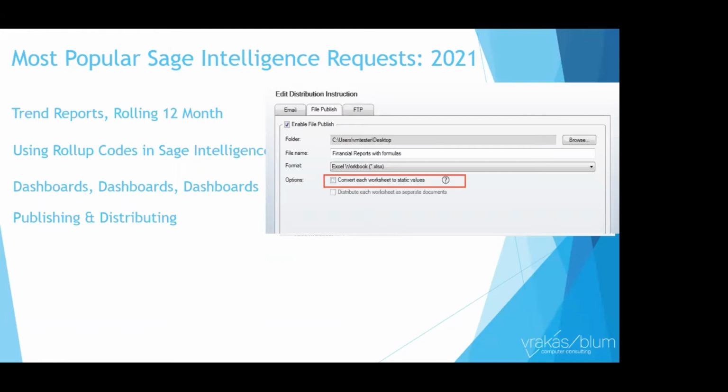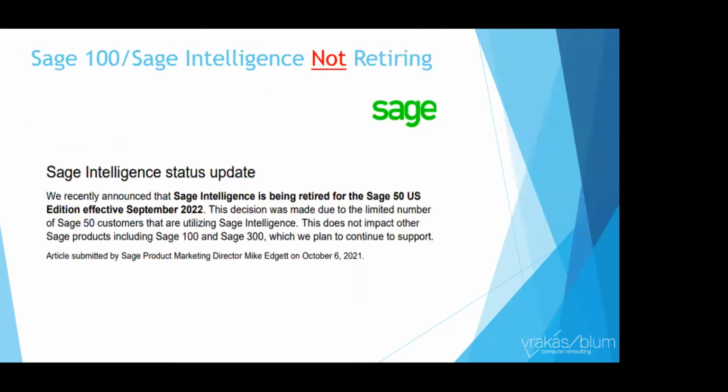So now I want to demonstrate these trends, but before I do that, there was a notice that came out that caused a little confusion, and I just want to address what it was. The notice was that Sage Intelligence is being retired for Sage 50. So we received a lot of requests from people saying, hey, does this mean Sage 100?